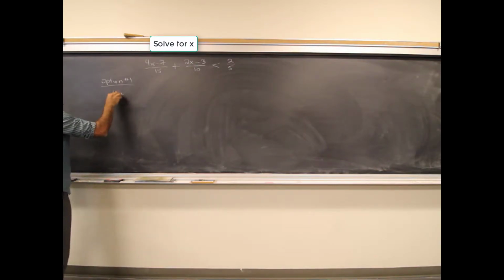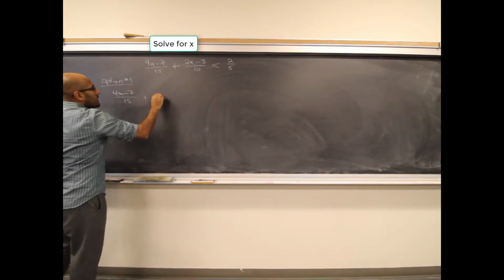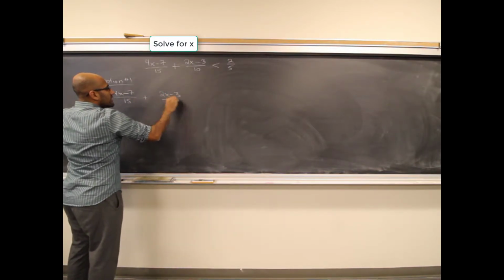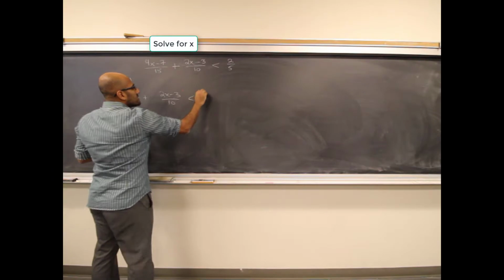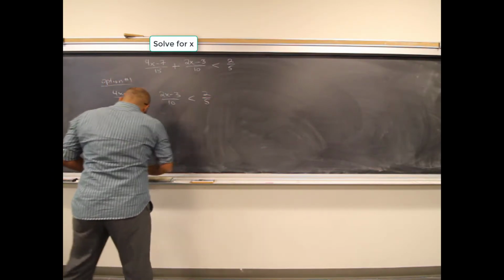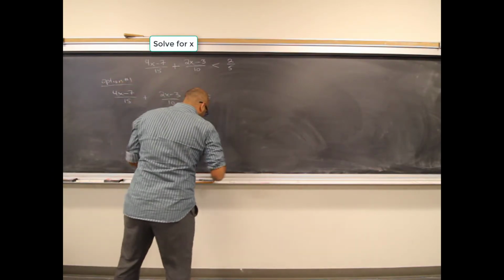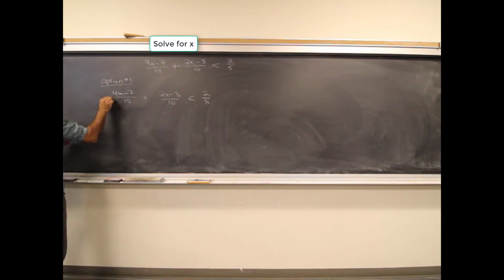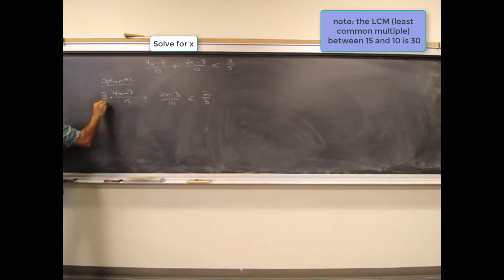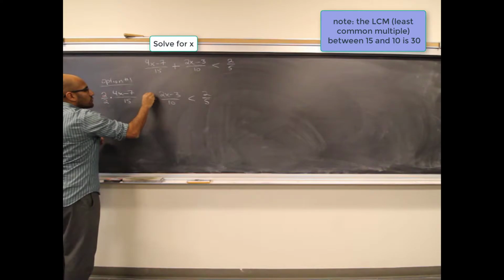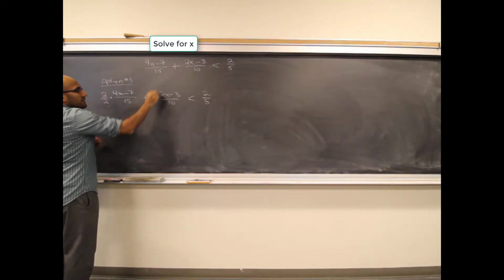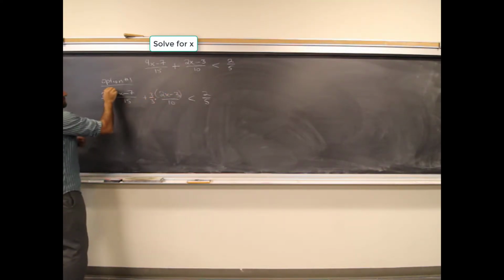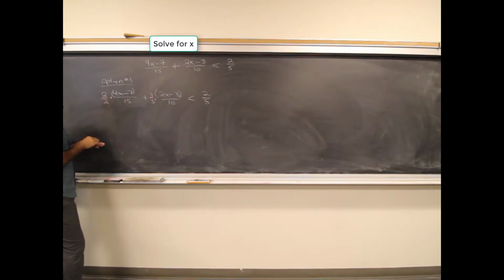So I'm going to have (4x minus 7) all over 15 plus (2x minus 3) all over 10 less than 2/5. And I'm going to multiply this one by 2 over 2 and multiply this one by 3 over 3. That way, I can guarantee that both denominators are going to have a 30.